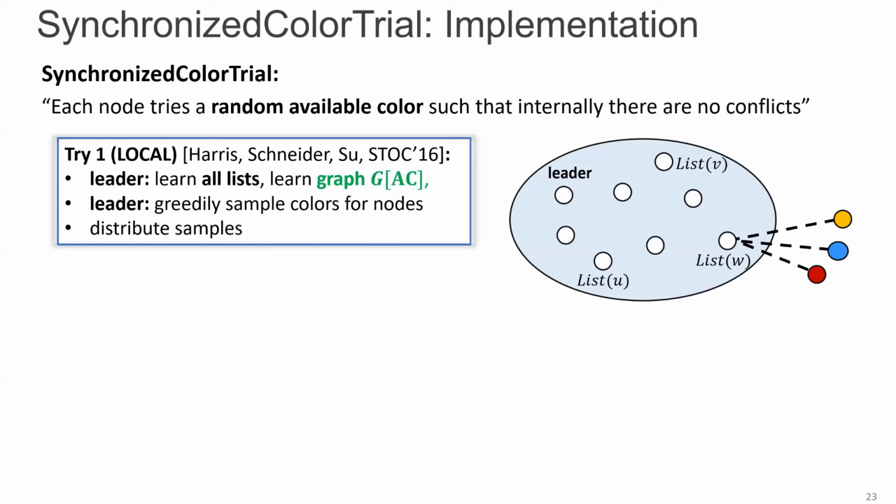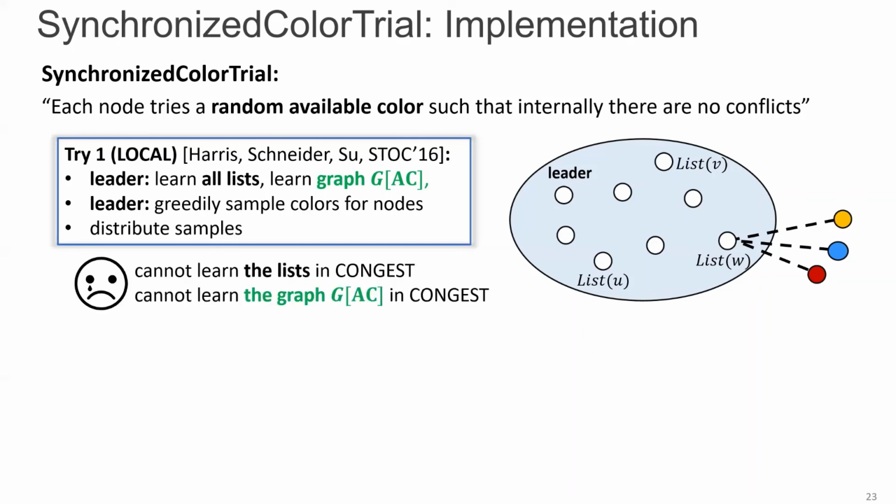And all of this is done locally inside the leader, and once it has determined a color for each of the vertices of the clique, it just sends these samples to the vertices, and then they can actually try them in the real graph and get in touch with what the other almost cliques do.